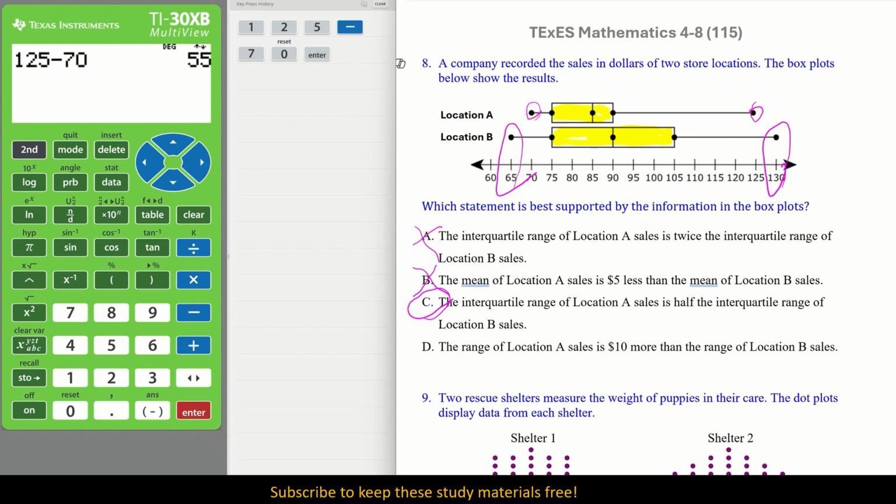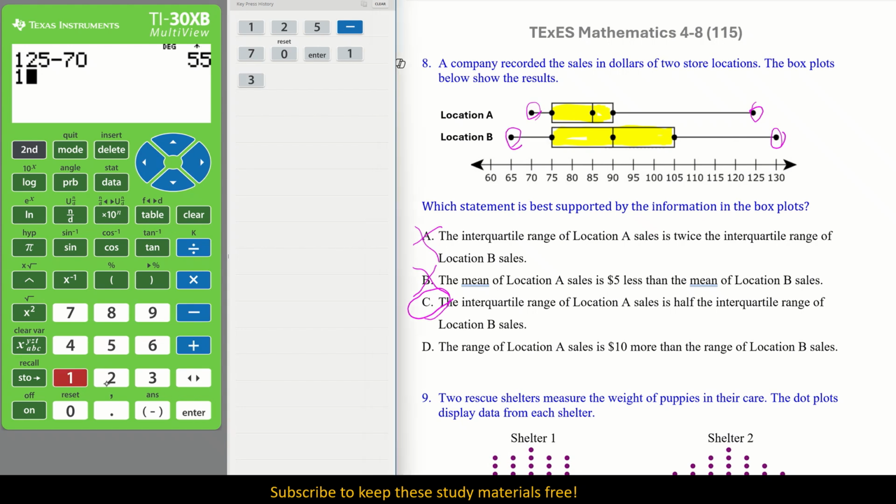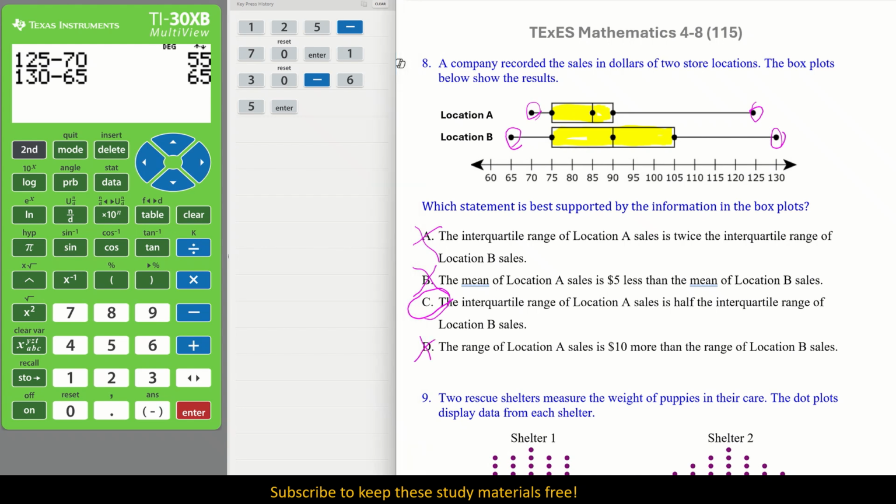Okay, so now what we need for B is 130 minus 65. Yeah, there is a difference of $10, but B is $10 greater than A. So we know option D is incorrect.